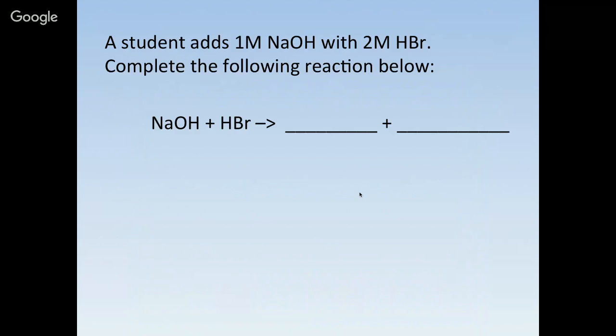Okay, so if you're looking at this type of reaction, what type of reaction would this be considered? I included it with types of reactions. I see some of you already answered it, which is good. What type of reaction would this be?